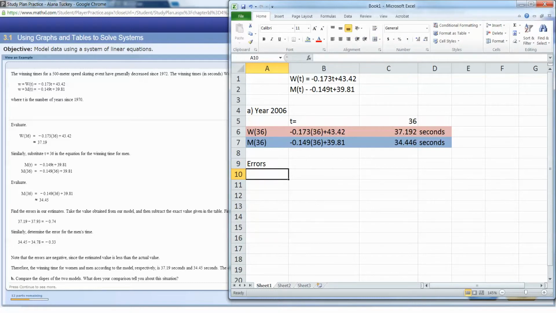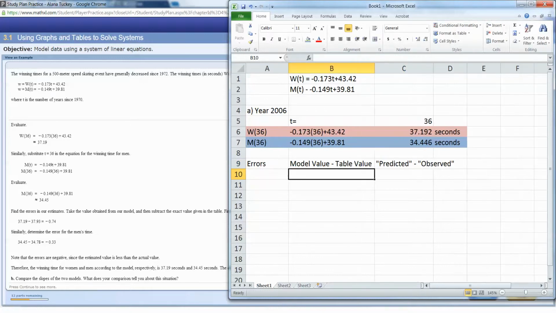So from what you expected minus what you actually got in the table. So let me write that out. This is the model value minus the table value. In other words, it's what you predicted with the line minus what you observed in real life.